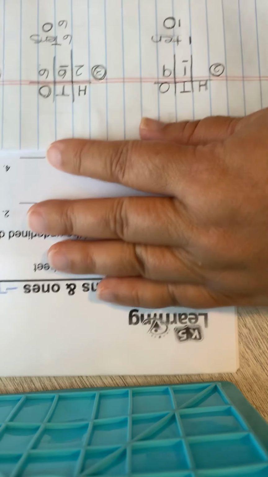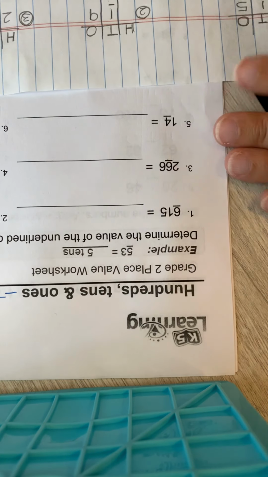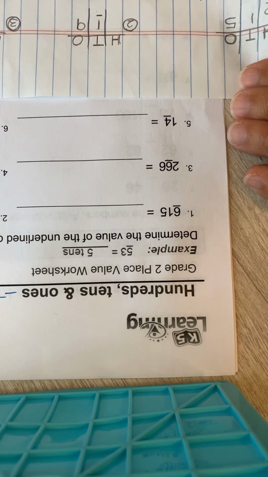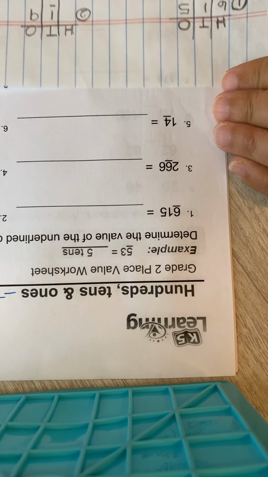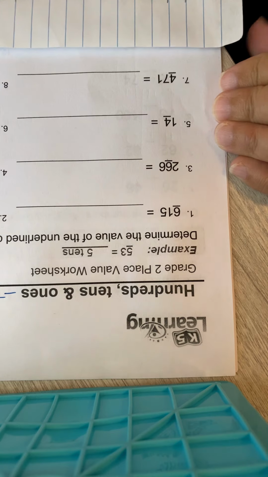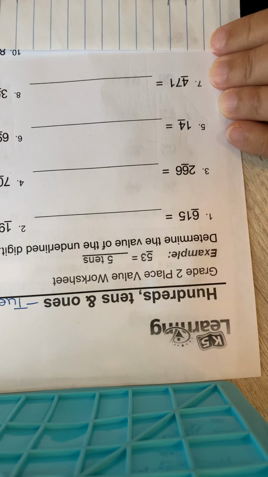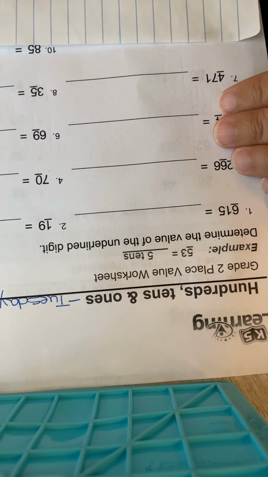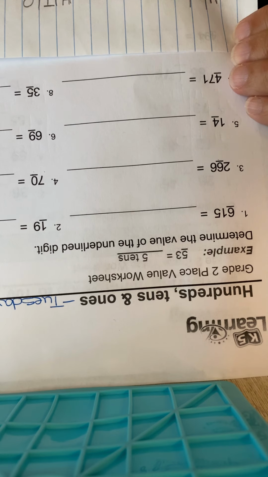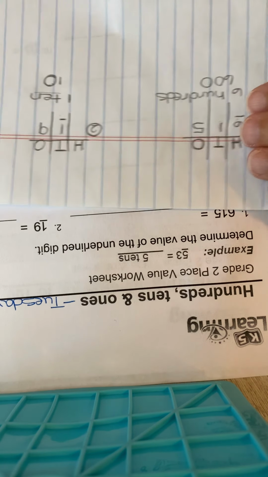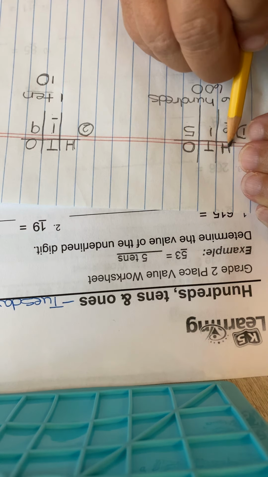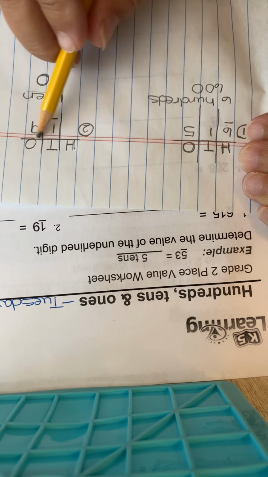Okay? All right, so I'd like for you to try on your own using a piece of notebook paper. I want you to try numbers 5, 6, 7, and 8. You don't have to do the whole thing. Just do numbers 5, 6, 7, and 8. And I want you to write on a piece of notebook paper like I have here. And I want you to make your chart like this, hundreds, tens, and ones.